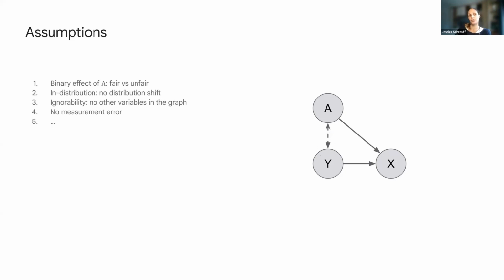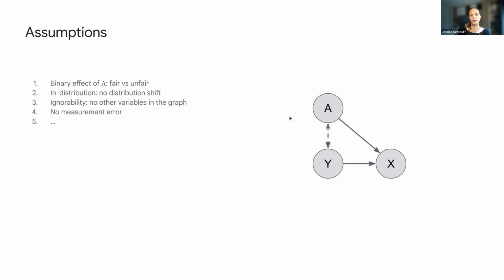We also measure fairness in distribution, which means that you have your train set, and then you have a test set from that same distribution that you stratify across different subgroups, and this is how you measure fairness. But what happens when you consider distribution shifts and unfairness properties? You also assume that you don't have any other variables in the graph.